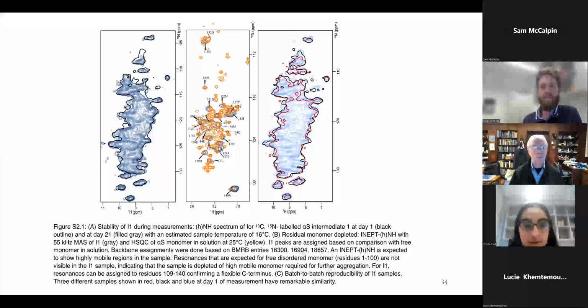And then you can see some very isolated peaks here. They begin to disappear. And this is when we know the sample has converted to the fibril. Yeah, so we have some pretty isolated peaks that are characteristic, like these down here beyond 130 in nitrogen. Which helps with that.